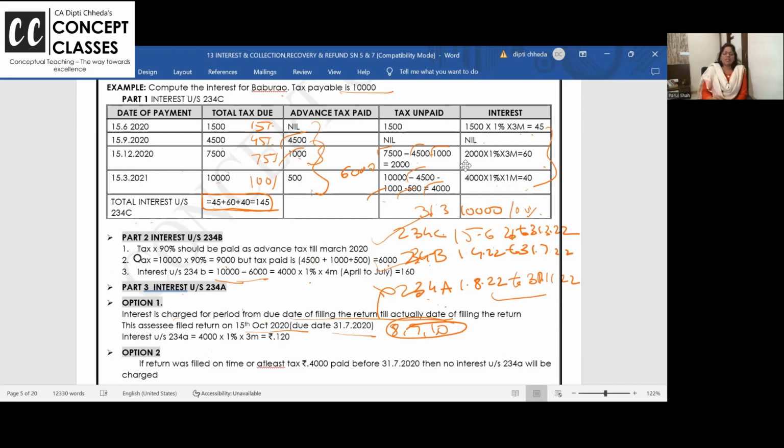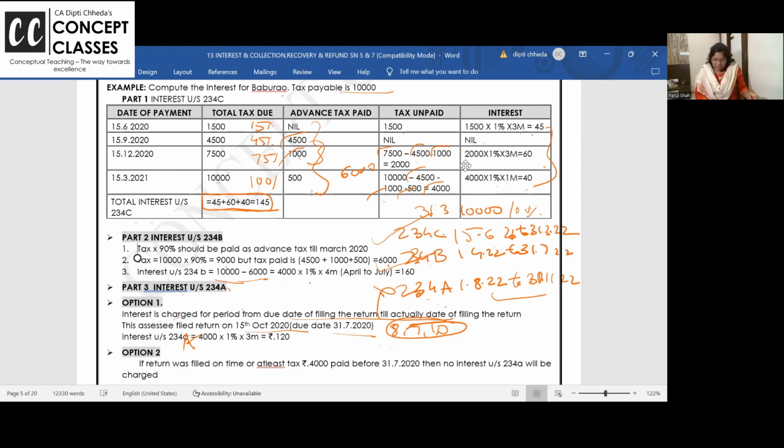Why 4,000? Your tax is 10,000. But 6,000 you have already paid, no? 4,000 you didn't pay in March. So April, May, June and July, it is covered by way of 234B. August, September, October, it is covered in the form of 234A. Clear to all of you?